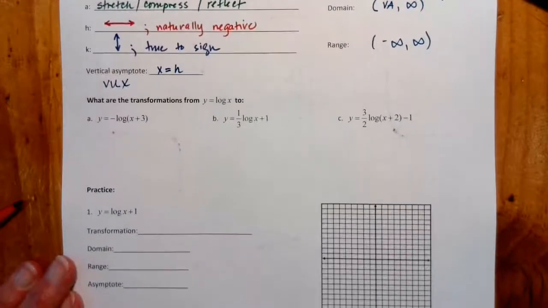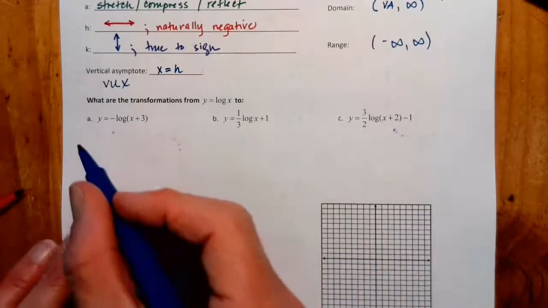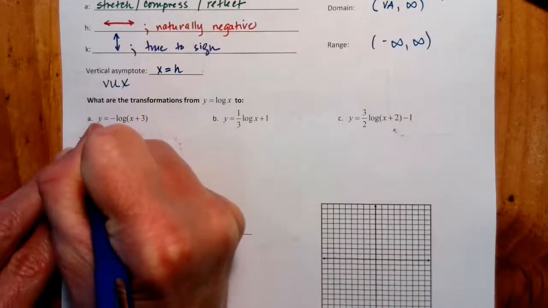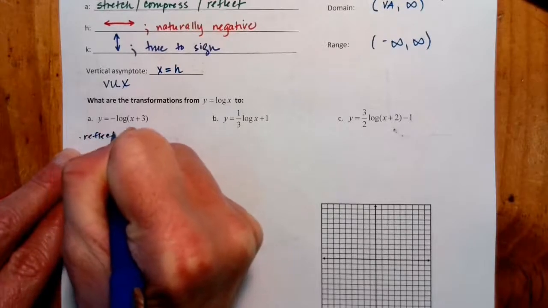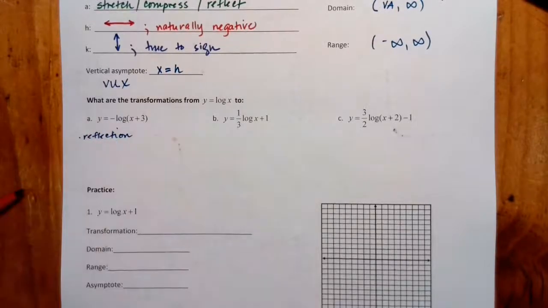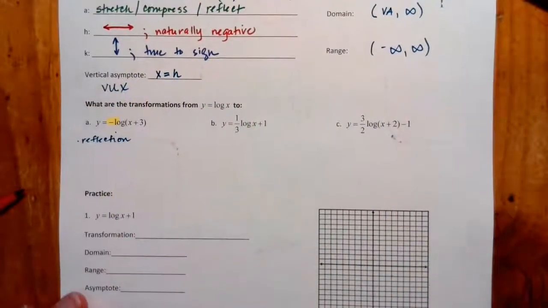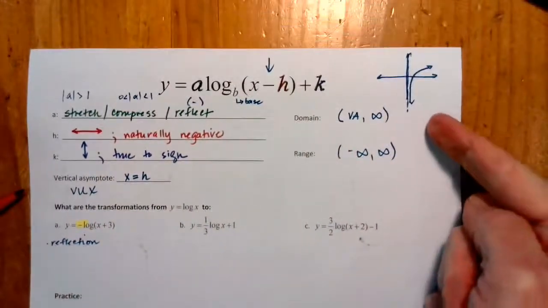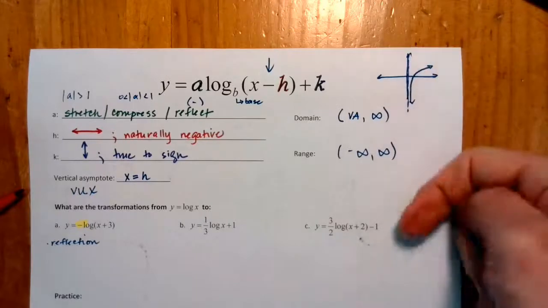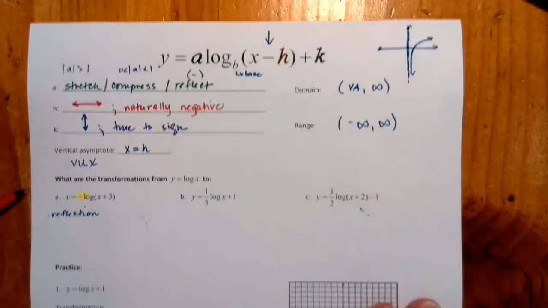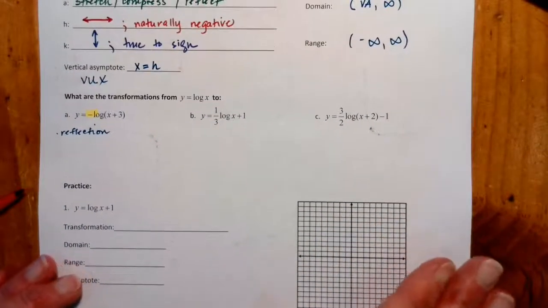All right, let's talk about a few. So when I look at this first one, my first thing I see is that it's definitely a reflection. And that negative sign makes it easy for me to recognize that this graph is going to be flipped. So it's going to be the opposite of everything. So we're going to go ahead and understand that reflection.